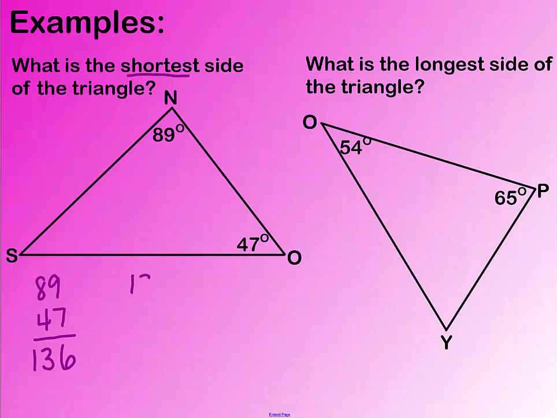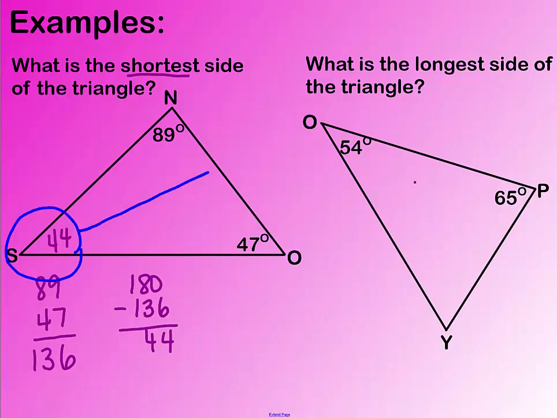And then I subtract from 180. So I'm going to get 44 over here. So the smallest angle is actually the one I just found, 44. I go across from that, and that will give me the smallest side, which is going to be NO.